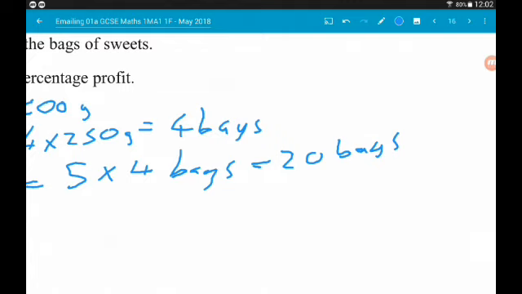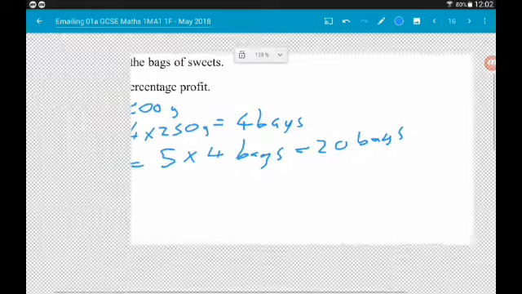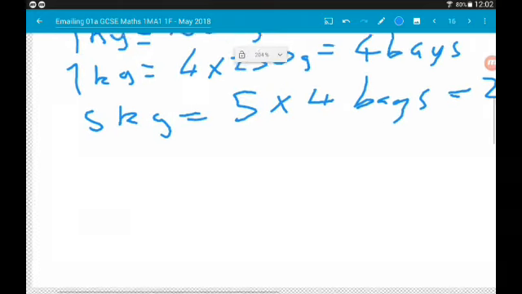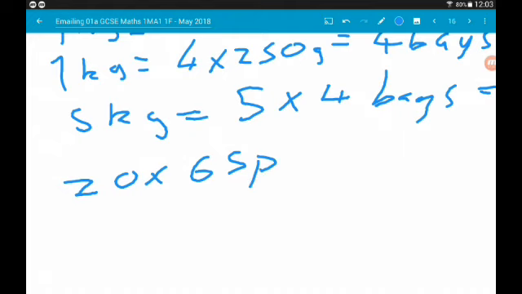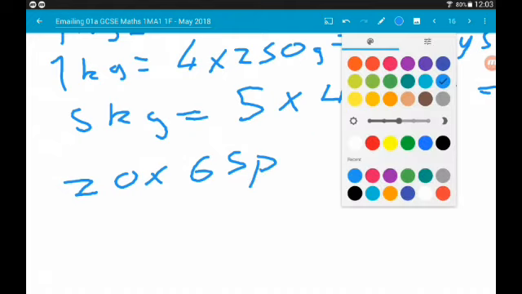She sells each bag for 65p. So now we need to work out 20 times 65p. Now I'm actually going to do that in terms of pounds.